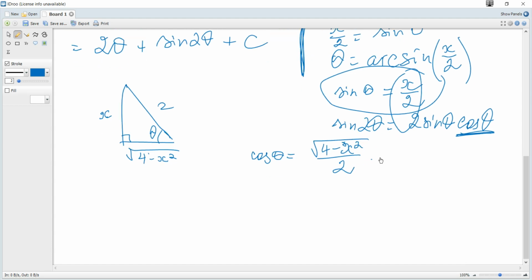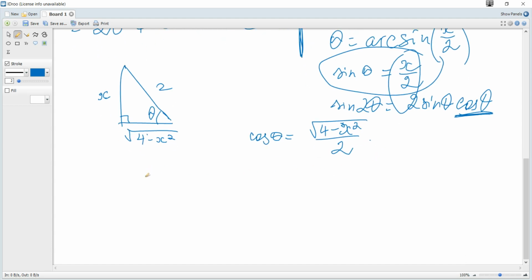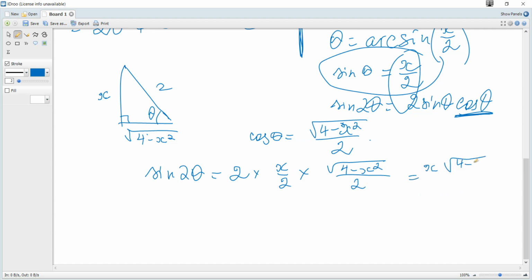So finally sine of 2 theta becomes 2 sine theta, which is x over 2, times cosine, and cosine is this root 4 minus x squared over 2, and it becomes x root 4 minus x squared over 2.